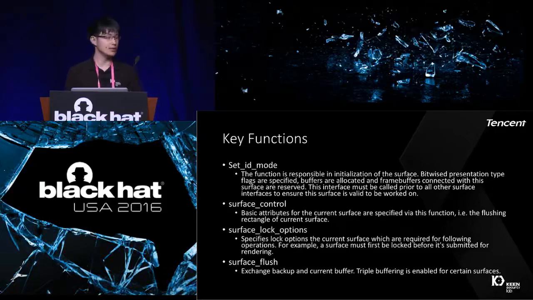Finally, there's another function named surface flush. It is related to the double buffering and triple buffering of the graphics pipeline. If you call surface flush on a double-buffered surface, it will exchange the backup and the current buffer. Some surfaces have triple buffering support, so if you call surface flush, there is a more complex process, and we will not elaborate on the details here.